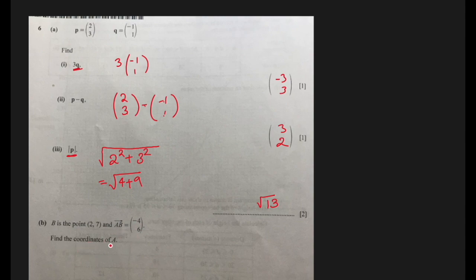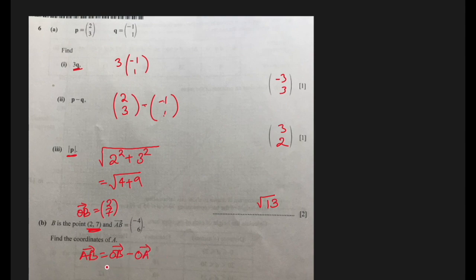Find the coordinates of A. If this is the point, the coordinates of point B, the position vector OB will be (2, 7). This is how coordinates are converted to vectors. And the AB vector will be OB the head minus OA the tail. And that's what we're going to use now.